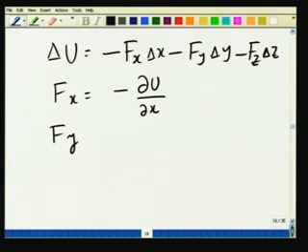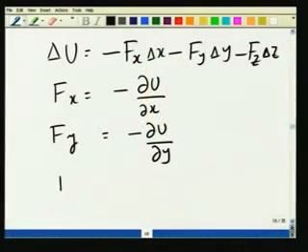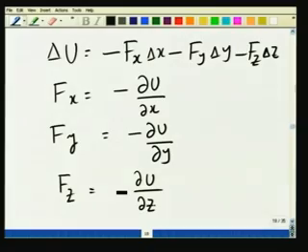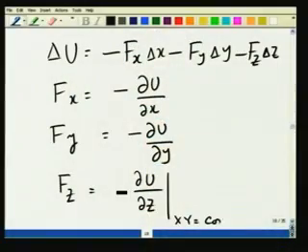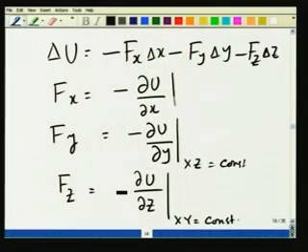Similarly, f y, the component of the force along the y direction, is minus du by dy, and the component of the force along the z direction is minus du by dz. By writing this partial derivative, I mean in this case x and z remain constant. I do not change them. I move along the y axis. In the z case, I keep x and y constant, and in this case, I keep y and z constant.